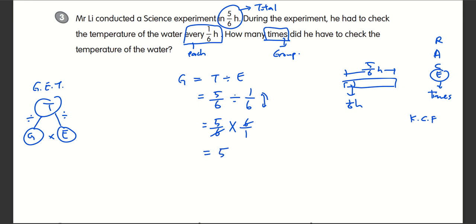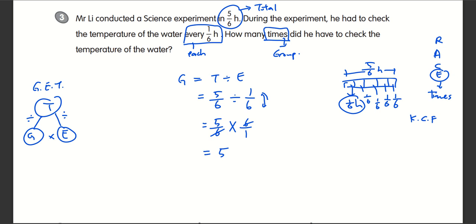Now, if you look at the model that I just drew here, the whole is 5/6. So how many 1/6 can you find out of this 5/6? Then you realize it's pretty obvious. It's a simple fraction here.